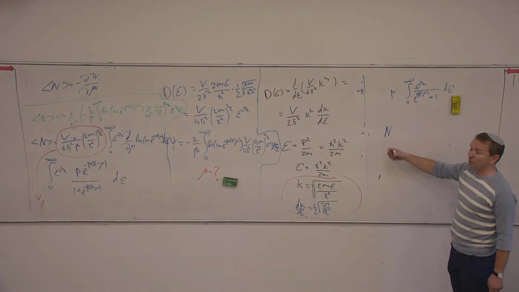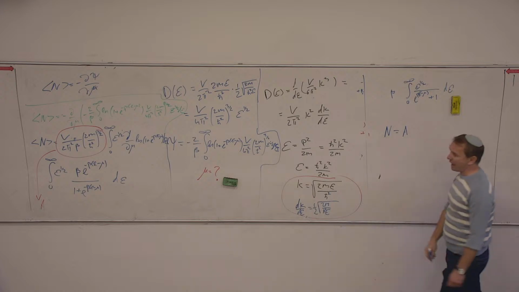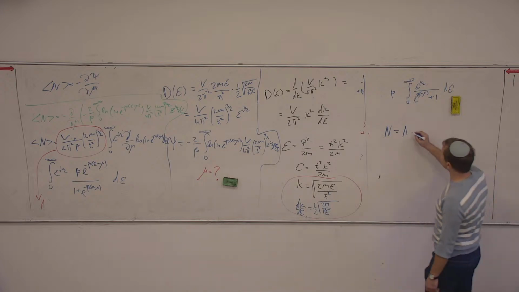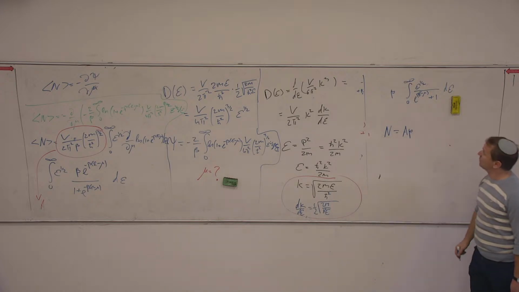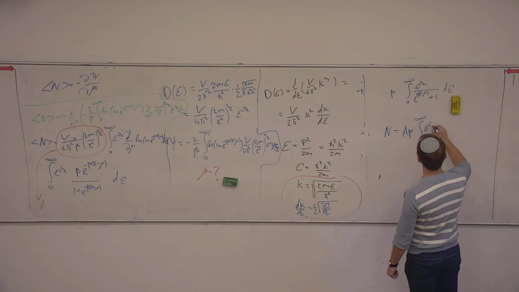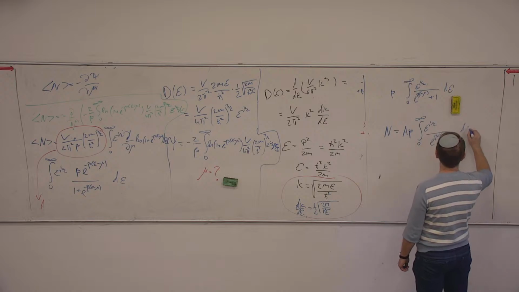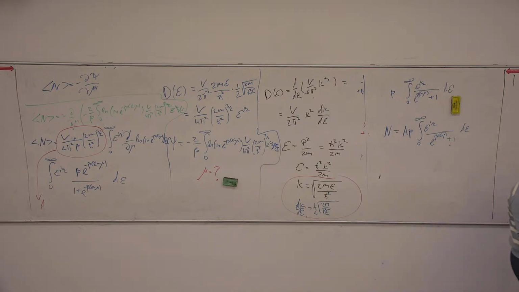The average number of particles, which is n, equals this A multiplied by beta, multiplied by the integral from 0 to infinity of epsilon to the 1/2 over e to the power beta, epsilon minus mu, plus 1. And somehow we need to solve it.